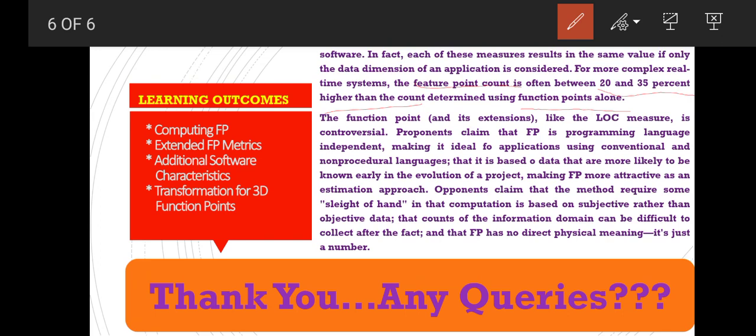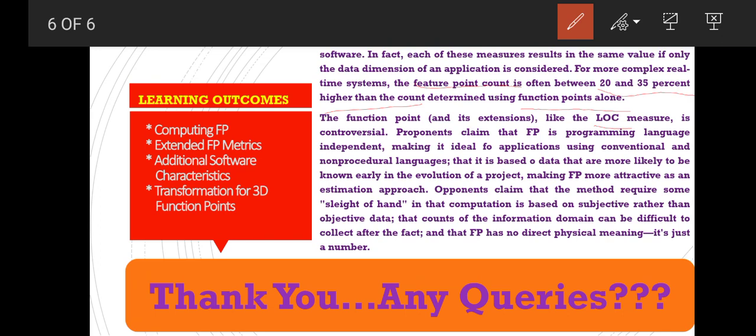The function point, like the LOC measure, is controversial. I hope everyone remembers LOC, lines of code. We will be calculating lines of code in every chapter depending upon the subtopic we come across, so please remember it.